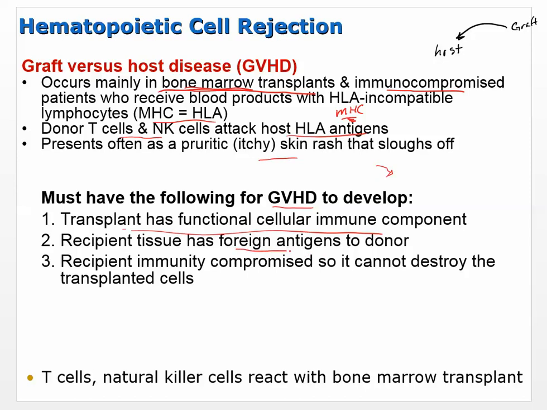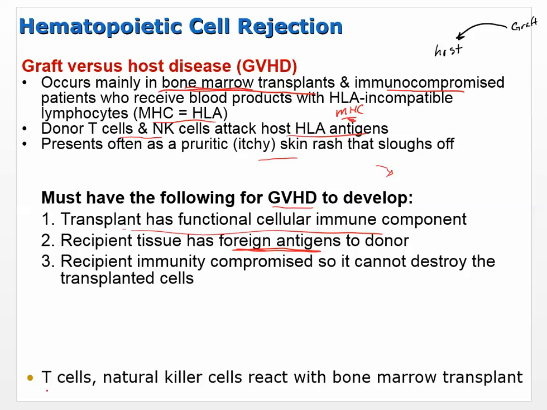It has to have some kind of foreign antigens that the donor's tissue doesn't like. And the recipient isn't going to be able to fight back. It's not going to be able to fight against the bone marrow that's coming in, because that bone marrow's immune cells are stronger, and so it's not able to fight back and take that out. Which could actually be a worse situation.